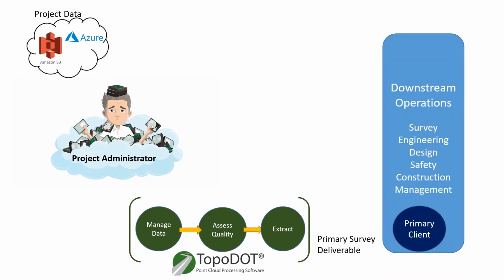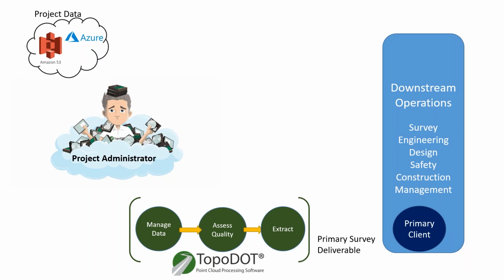There's survey, engineering, design, safety, construction, management. There are all these operations, and they can't get to them. They don't know who took this data. Keep in mind, you have partners, you have different offices. They could be in different states, different countries. How do they find the person who has access, who actually acquired this data and organized it and put it up on the cloud 6 months ago or a year ago, by the time maybe some of these operations are in place?